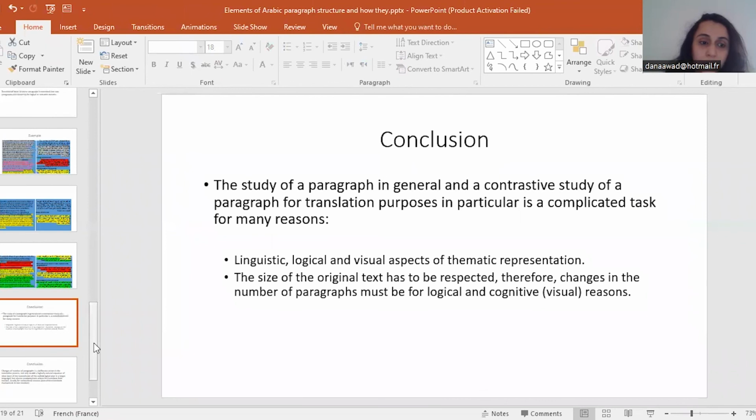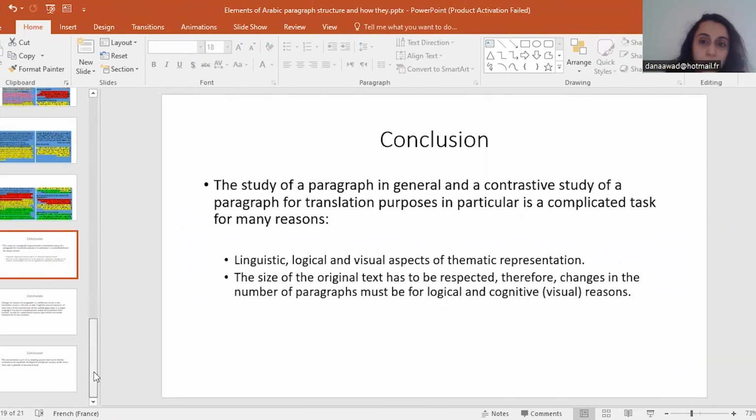So as a conclusion, I just want to say that the study of a paragraph in general, and in particular a contrastive study for translation purposes, is a complicated task for many reasons, because the paragraph is linguistic, it's logical, and it is visual at the same time.